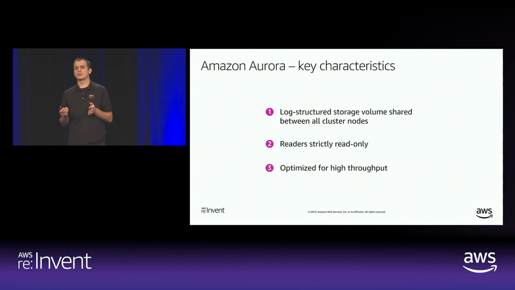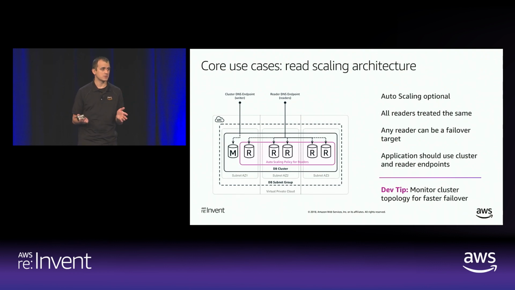So from an architectural perspective, when I look at the foundational architectures that customers start with whenever they're adopting Aurora, there's really 2 foundational architectures. In a cluster with multiple nodes in it, you either treat all of your readers the same and you load balance across all of them, right? They're not distinguishable, so to speak.